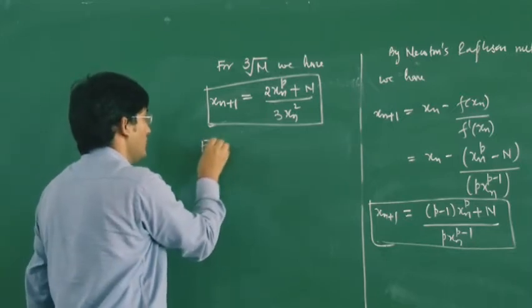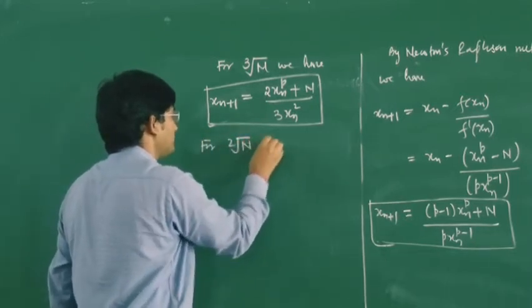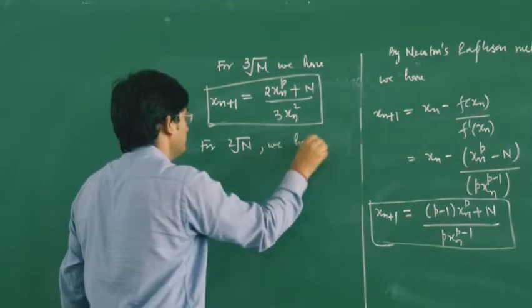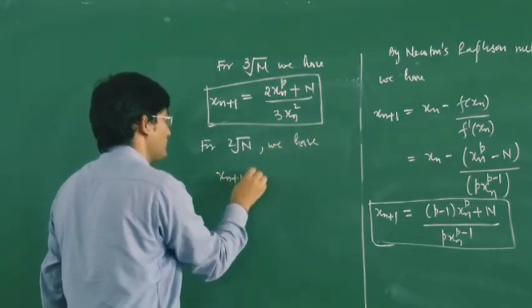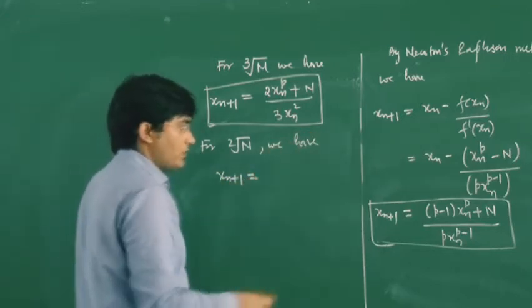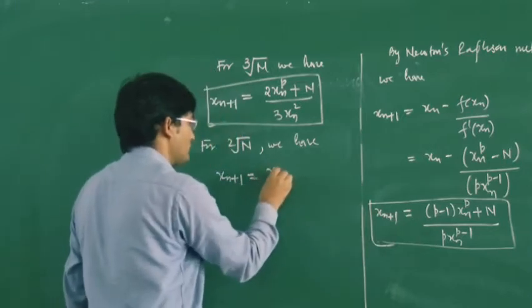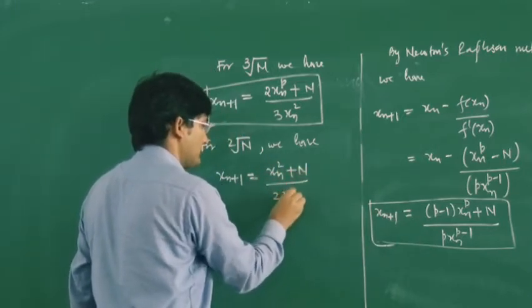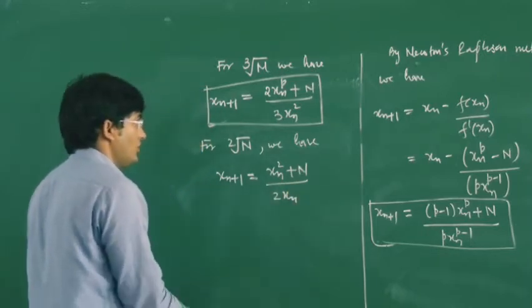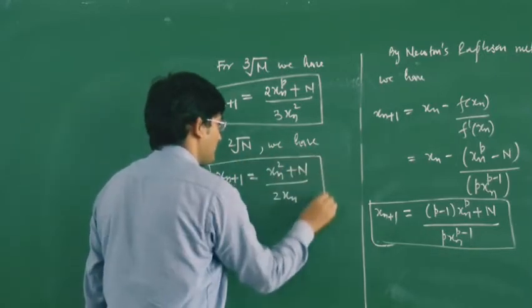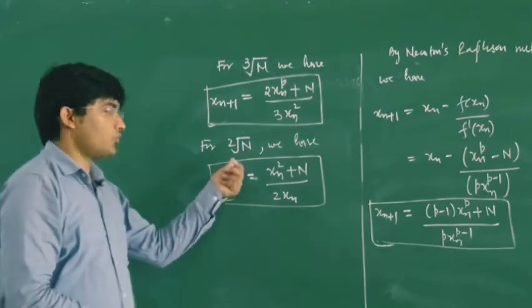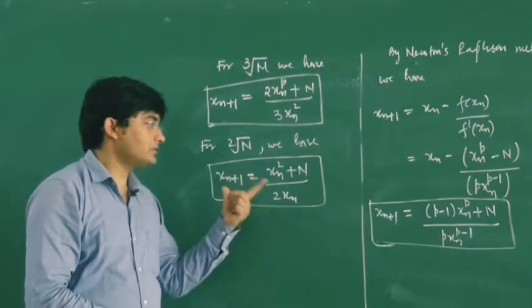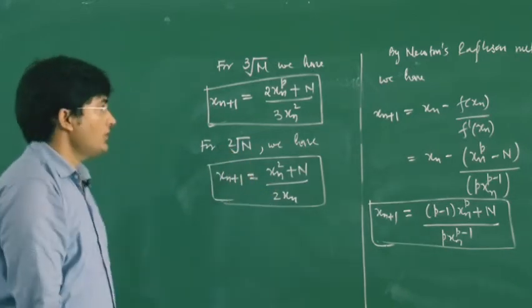For the square root of n, we have x_(n+1) equal to, now put our p equals 2, so this will be x_n square plus n divided by 2 x_n, as our p is 2. So for the square root of a number n, we have this iteration formula.